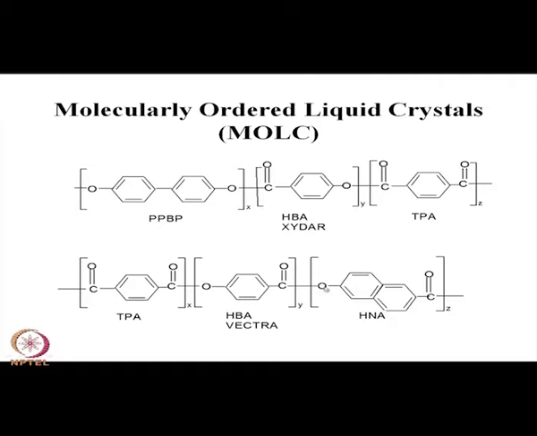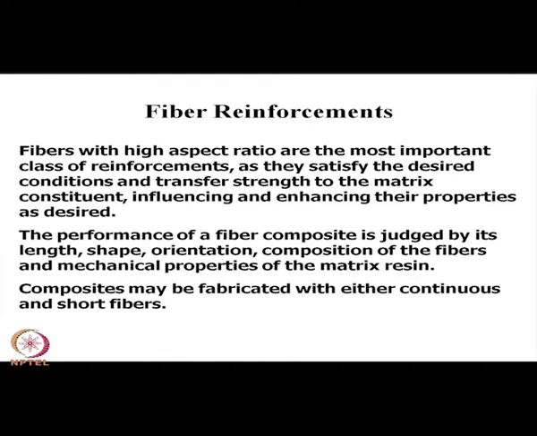This is known as the crankshaft unit. Here you see, because of this kind of linkage, it decreases the melting temperature of this polymer. These are different types of liquid crystalline polymers.